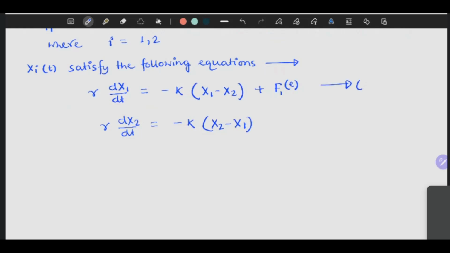Let's say this is equation number 1 and this is equation number 2.